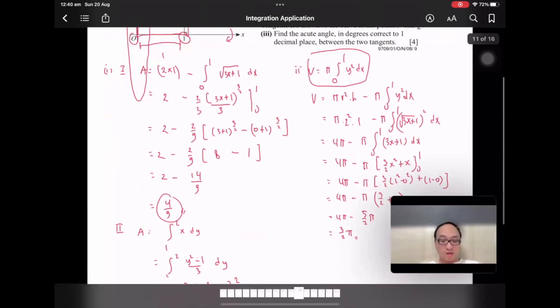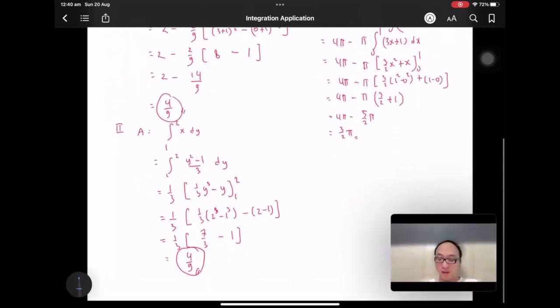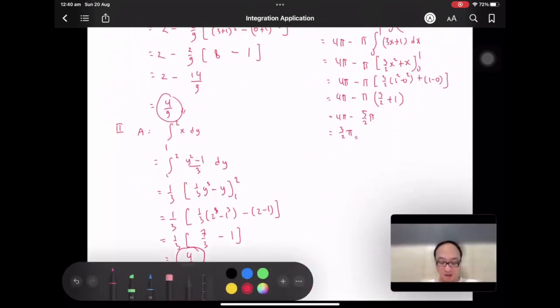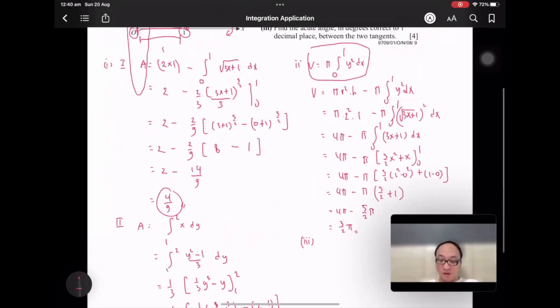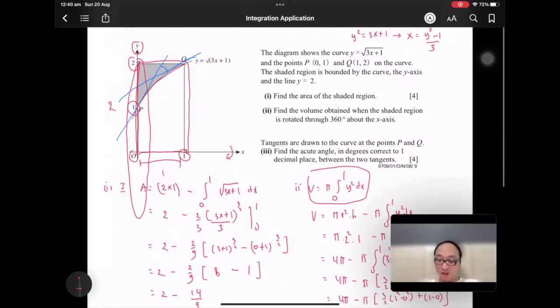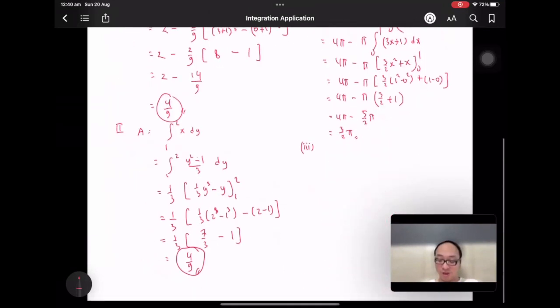So we can find the gradient of the tangent first. So at P, we find the equation of the tangent, y equals to 3x plus 1 to the power of half. So dy dx will be equals to 1 over 2, 3x plus 1 to the power of negative 1 over 2 times 3.